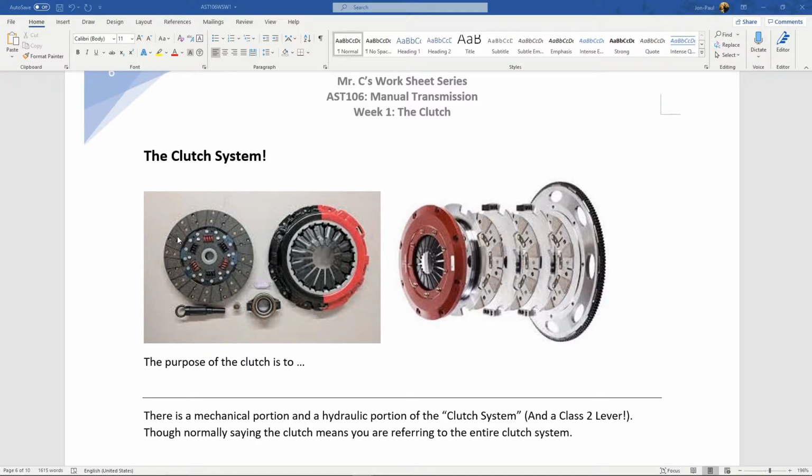When you get a new clutch kit, it will come with this alignment tool, and we'll talk about why. It's just a plastic little guy that you'll throw away. Over here, this is the whole bad boy assembled. This picture has a multi-plate clutch, which is not common in most vehicles, but pressure plate here, flywheel here, clutch disc, and then pressure plate. And there's no bearing in this picture, but I will get into that.